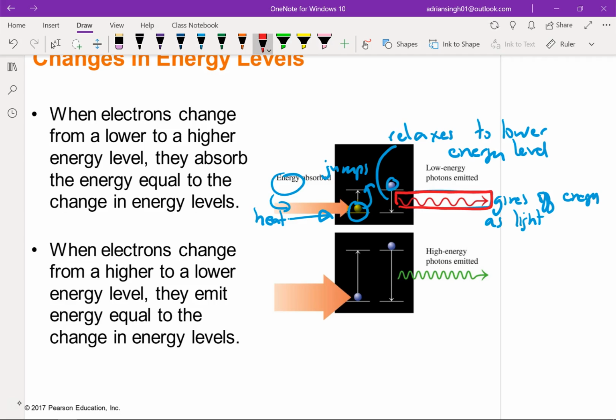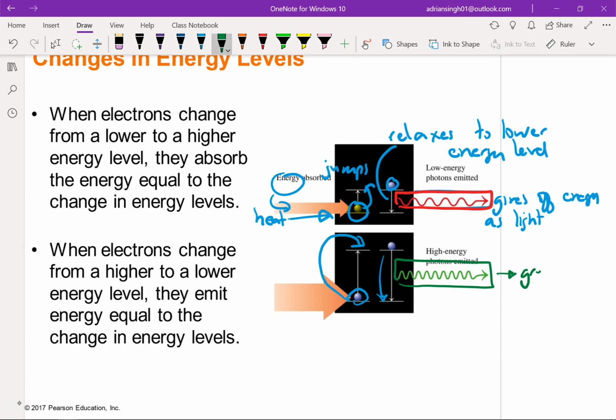Well, if we give this electron maybe a bunch more energy, it can jump to a much higher energy level, maybe all the way up here. And now when it relaxes back down, it's going to give off way more energy than it did than the one above, right? So it gives off green light then, right?